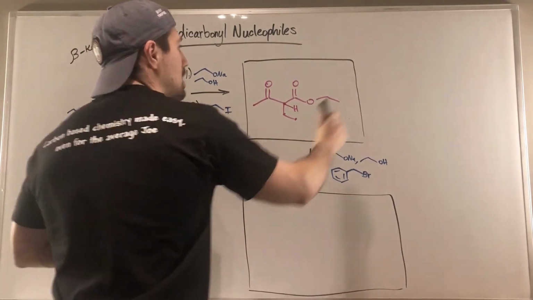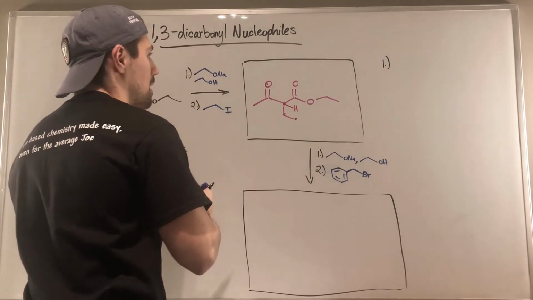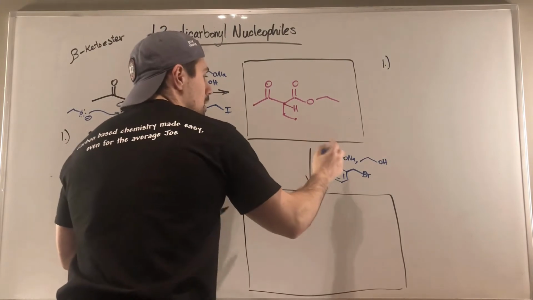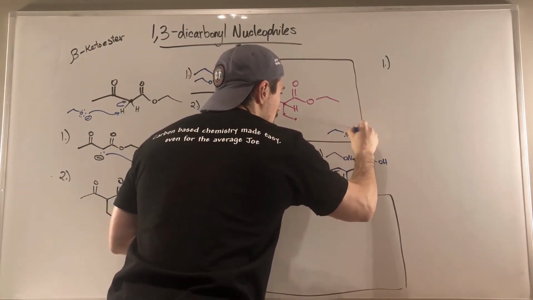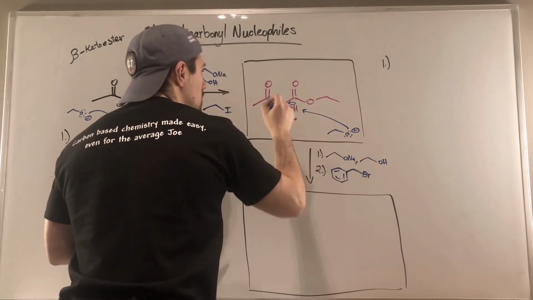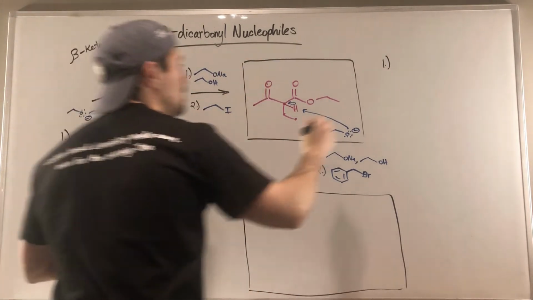So, over here, step number 1. It's just a deprotonation step. Sure, I'll draw in blue. But we'll have our ethoxide rip the proton off and dump the electrons onto that carbon that's alpha to both of our carbonyls.